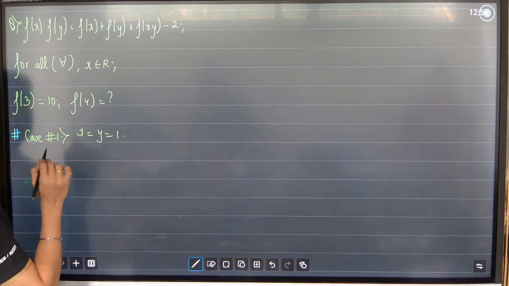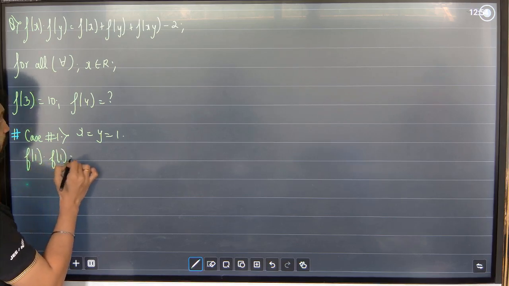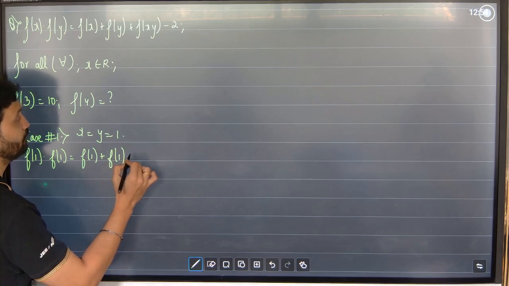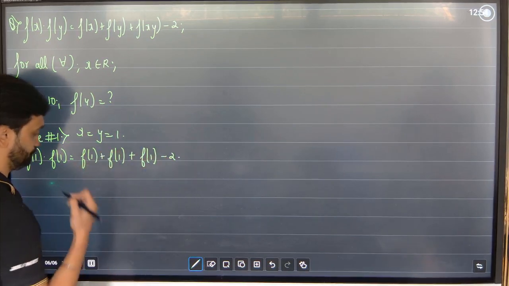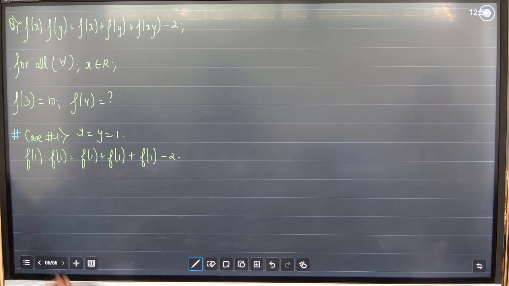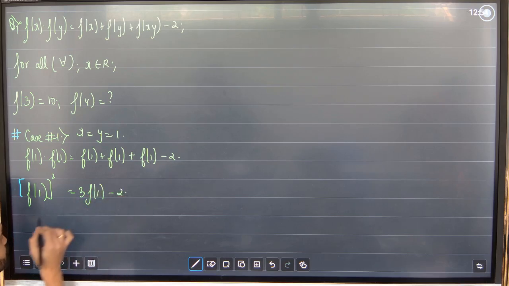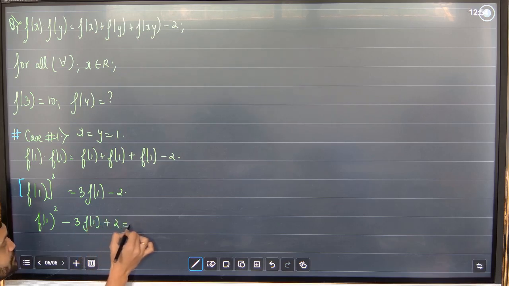When I take x and y both as 1, this will become f of 1 into f of 1 is equal to f of 1 plus f of 1 plus f of 1 minus 2, which becomes f of 1 the whole square is equal to thrice f of 1 minus 2, which is f of 1 the whole square minus 3 times f of 1 plus 2 is equal to 0.